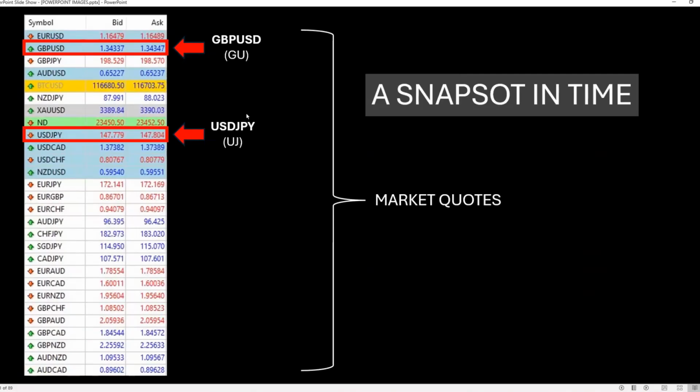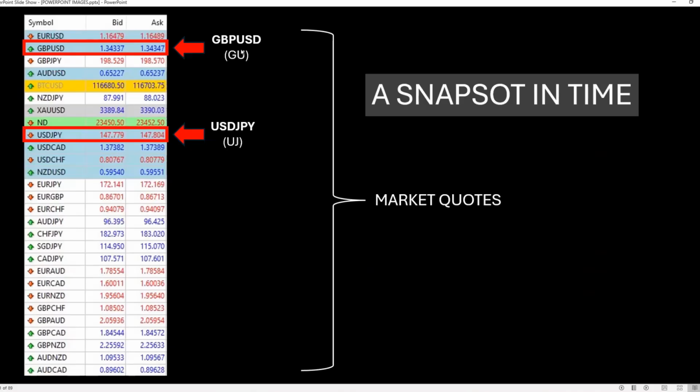Okay, let's assume that this is a snapshot I took of the market quotes, just a few days ago. And let's do an experiment. So these are the bid and ask prices for all the various forex pairs. Again, let's do a little experiment. Let's just focus on the pound, or the cable, and the yen.